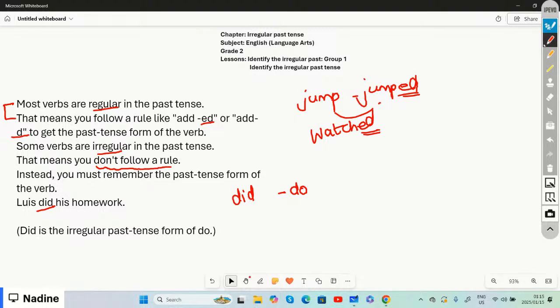All right. So once again, irregular past tense and regular past tense are different.